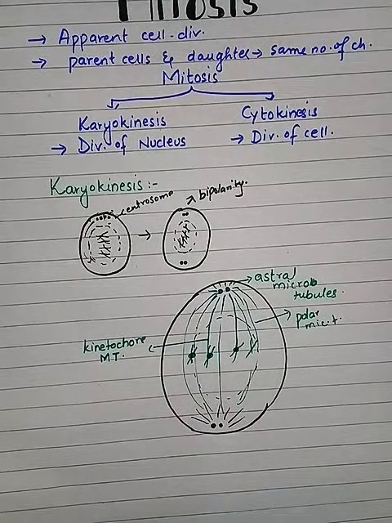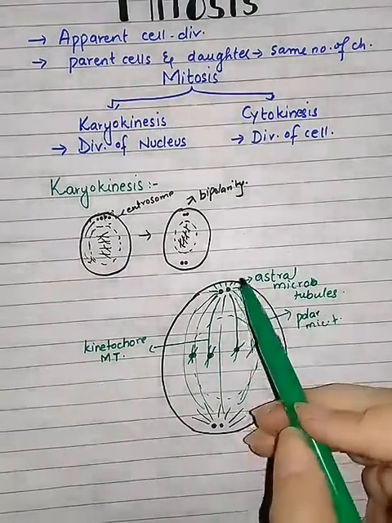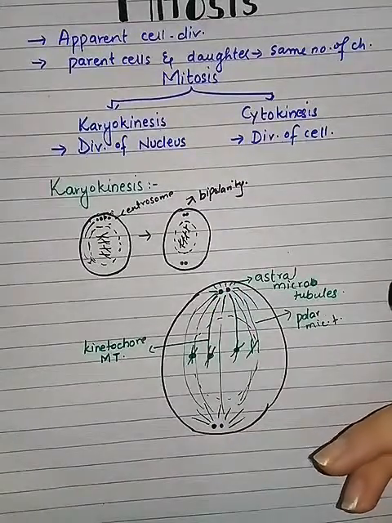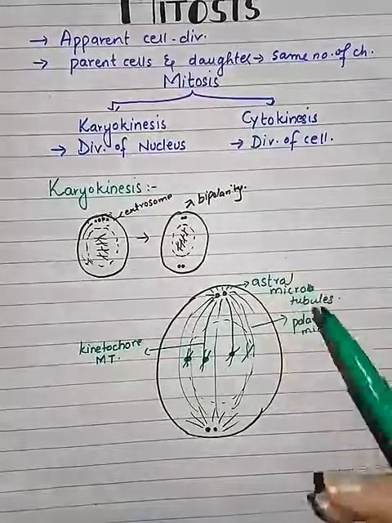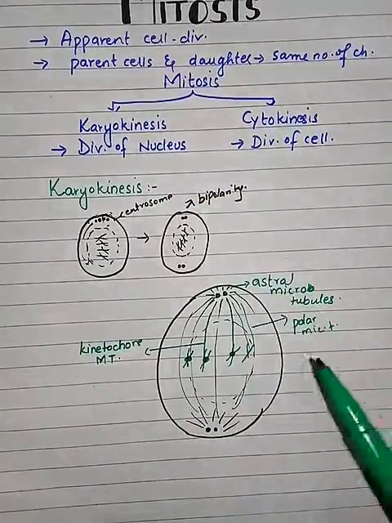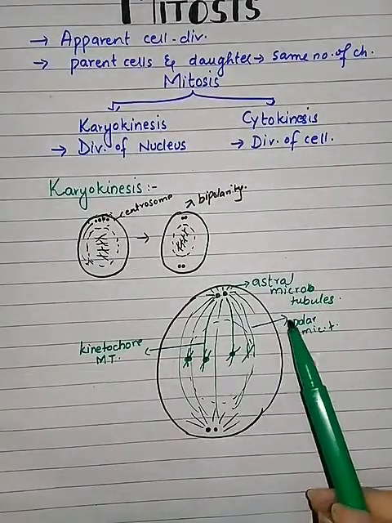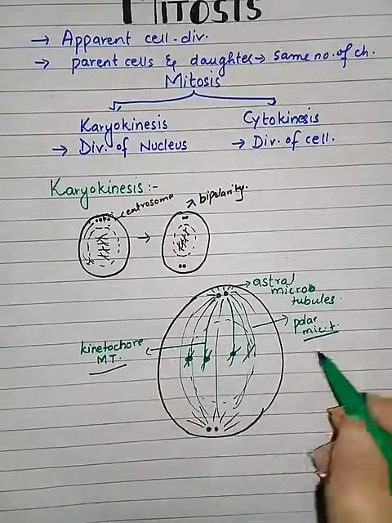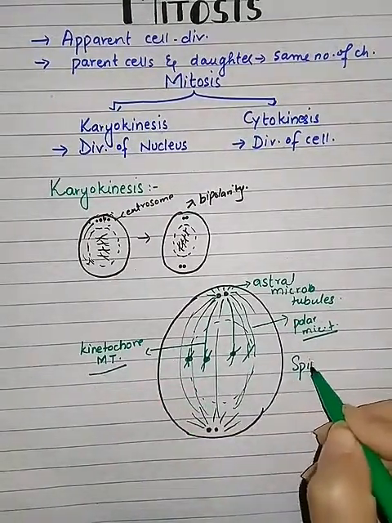So three sets of microtubules will originate from each pair of centrioles. The first one are the astral microtubules, which are not involved in the handling of chromosomes. The other two sets, the polar microtubules and the kinetochore microtubules, will form the spindle.